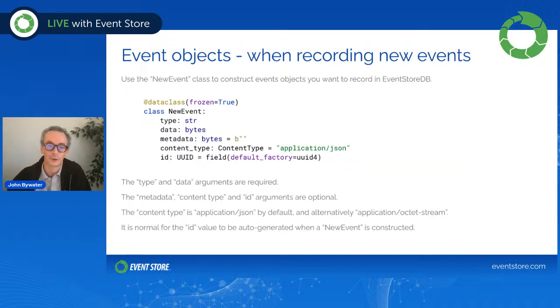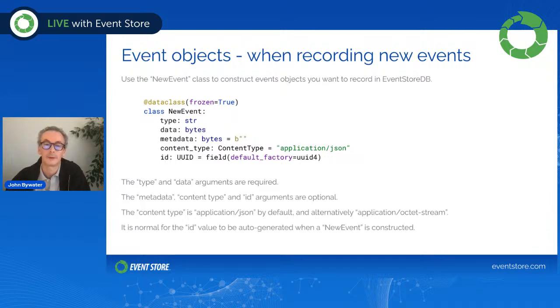When we're recording new events, we can use the new event class to construct event objects. This is how that class is defined in the client code. The type and data arguments are required. As you can see, they don't have default values. The metadata, content type, and ID arguments are optional.